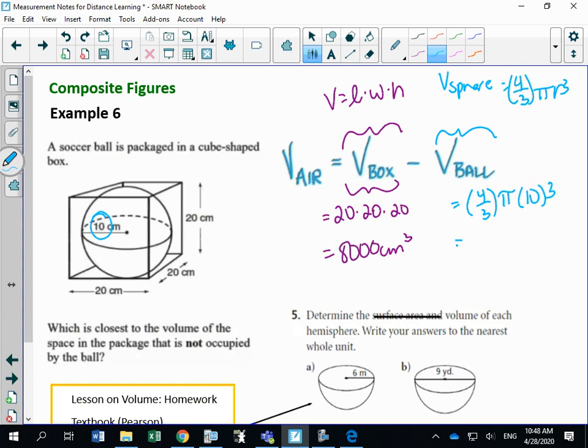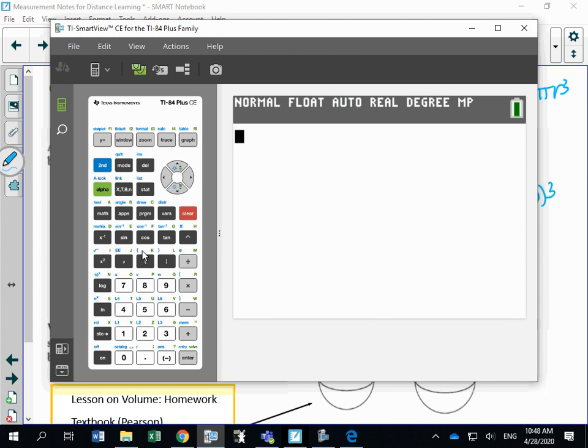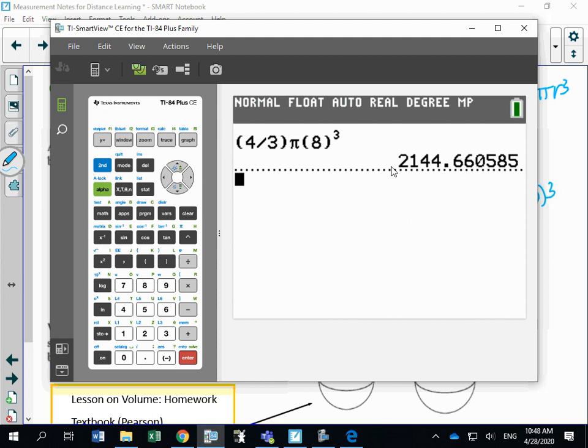I'm going to cube it. So that guy I need to do on my calculator. Open bracket 4 divided by 3. Close that bracket. Pi. The radius was 8, and we're going to cube that. Okay, that's the volume of my basketball.